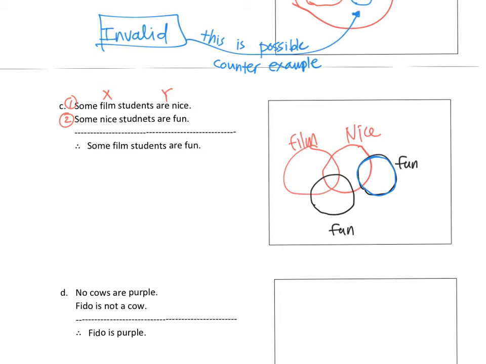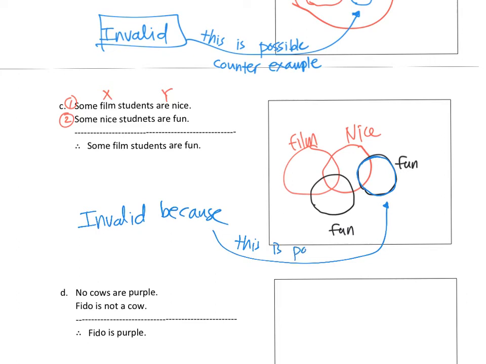But this was a possibility, right? So this is going to be invalid because this is possible. This is possible. And this is no film students are fun.